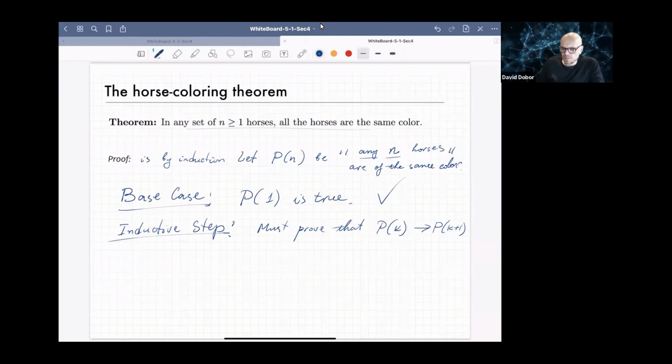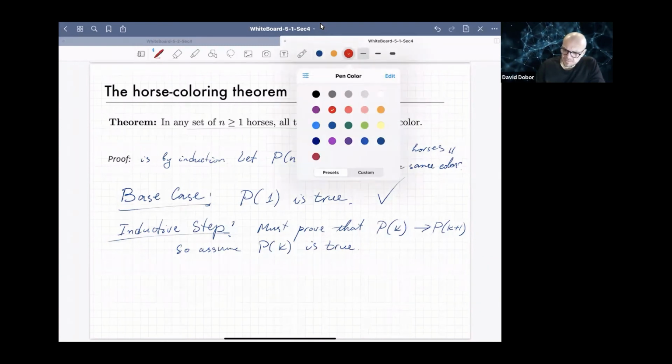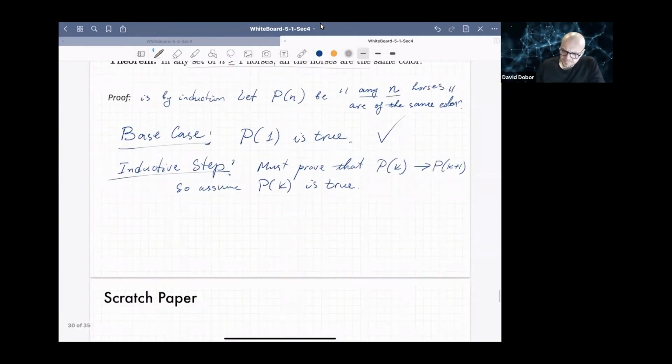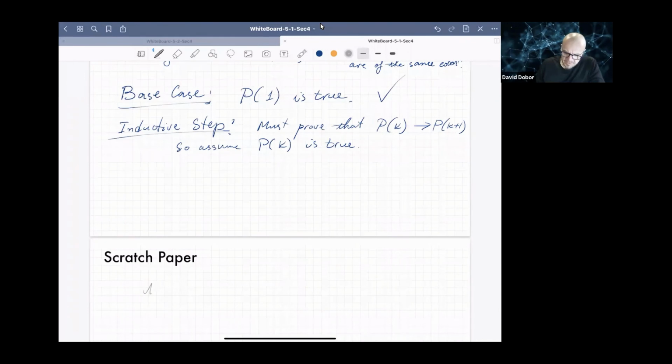We prove the implication. So assume P of k is true. First of all, I should ask, in words, what is P of k? What is P of k plus 1?